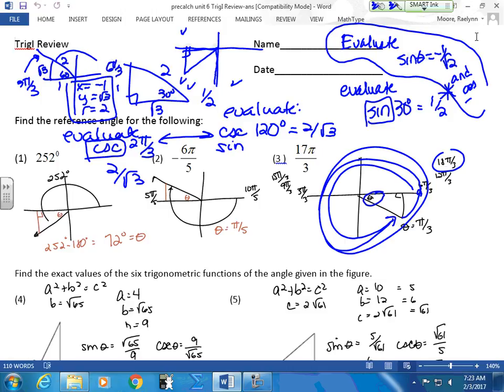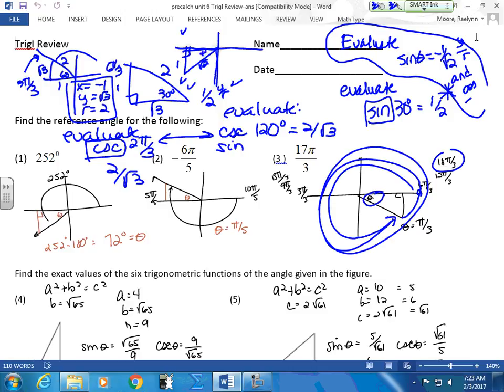I label. So sine is what parts? Y over radius, yep, y over r. So I'm looking for y over r. So I come here, I get my r. What's my reference angle? 45.